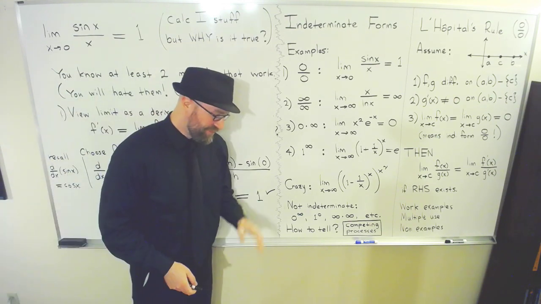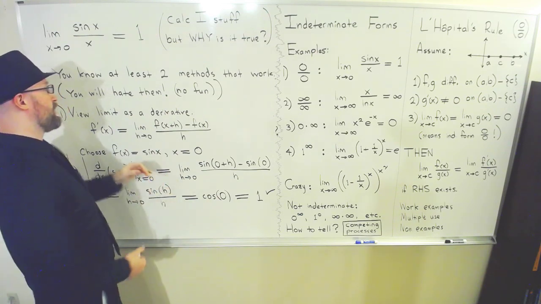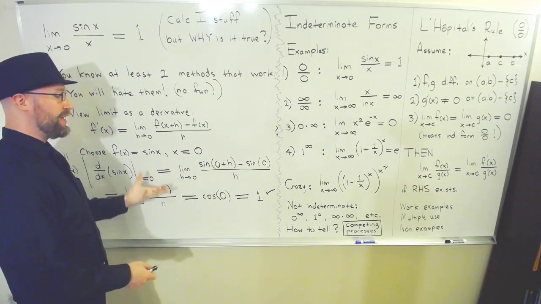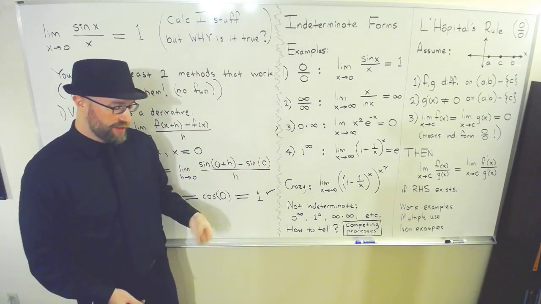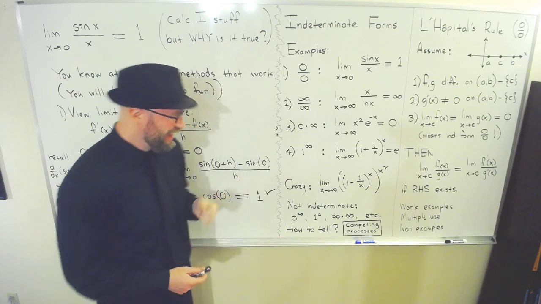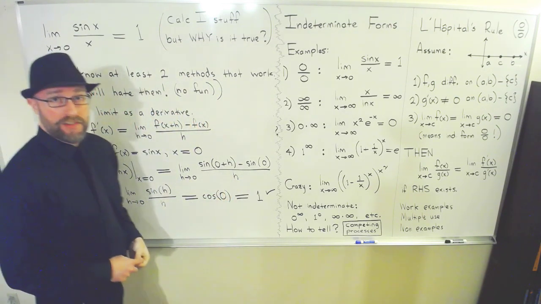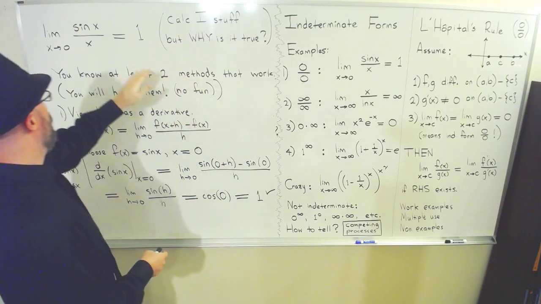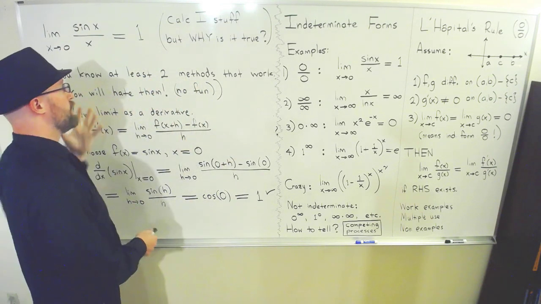Now, my experience is that most students, if I show them this and say you can evaluate it by viewing it as a derivative, respond with something along the lines of, how would I know how to do that? And it's not obvious, is it? Why would you look at this and think immediately, oh well, I can view that as a derivative?